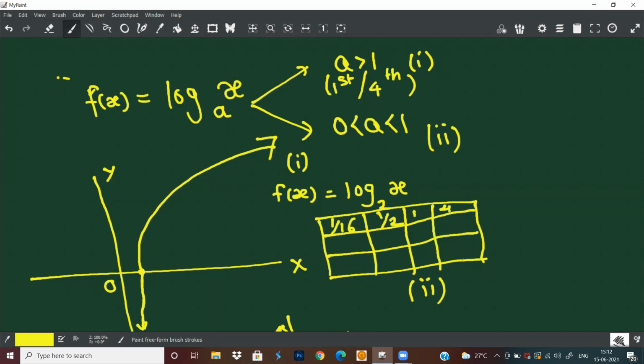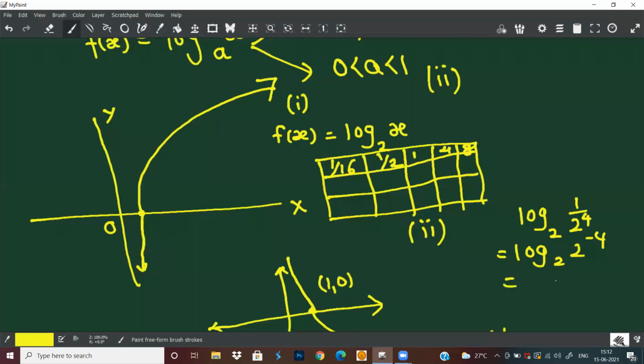Then you take 8, and so on. So now log of 1 by 16 is log of 1 upon 2 raised to 4 to the base 2. That is log of 2 raised to minus 4 to the base 2, which is minus 4 log 2 to the base 2. So this is minus 4. So my first point is (1 by 16, -4).